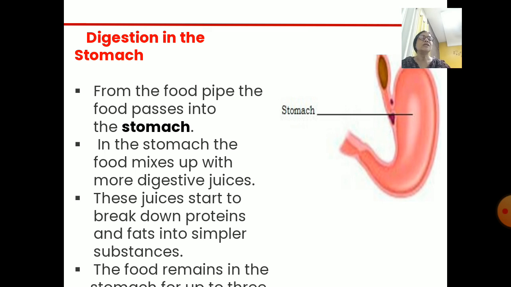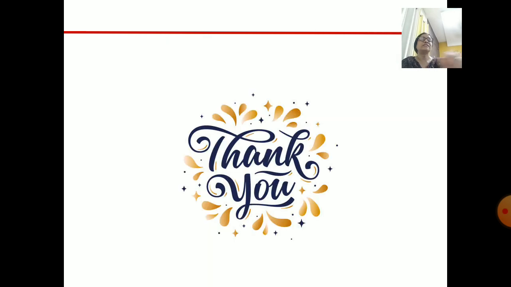These juices start to break down proteins and fats into simpler substances. You know, we eat protein, carbohydrates, fats. When the food comes into the stomach, the juices start to break down whatever proteins and fats we have eaten into simple substances. And you know, the food remains in the stomach for up to 3 or 4 hours. Then it passes to the small intestine.